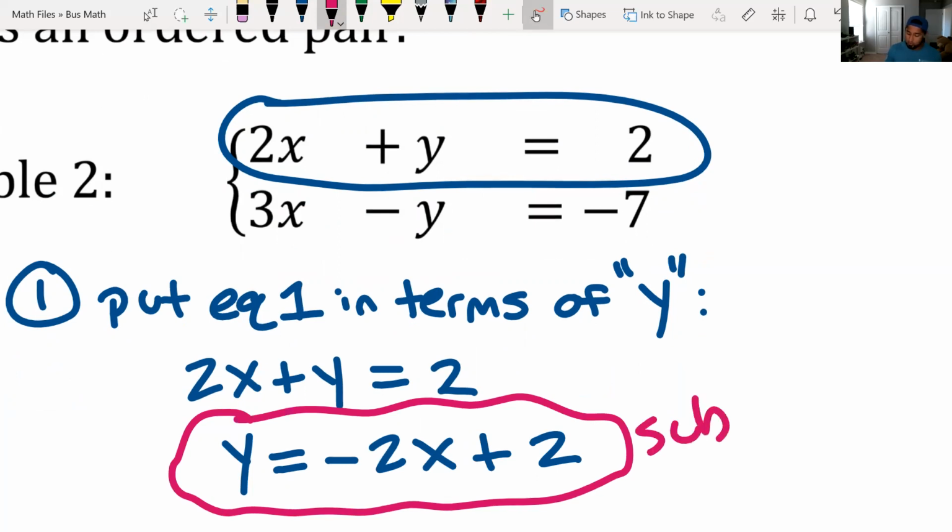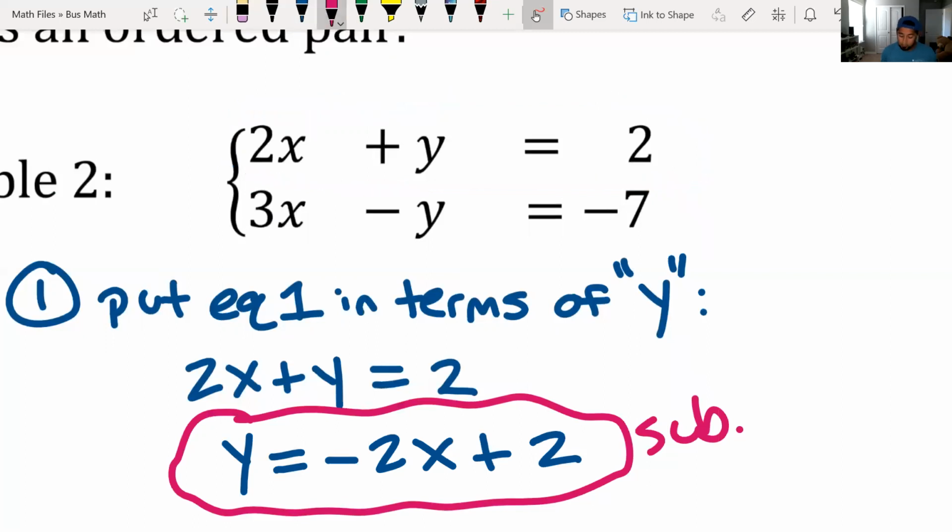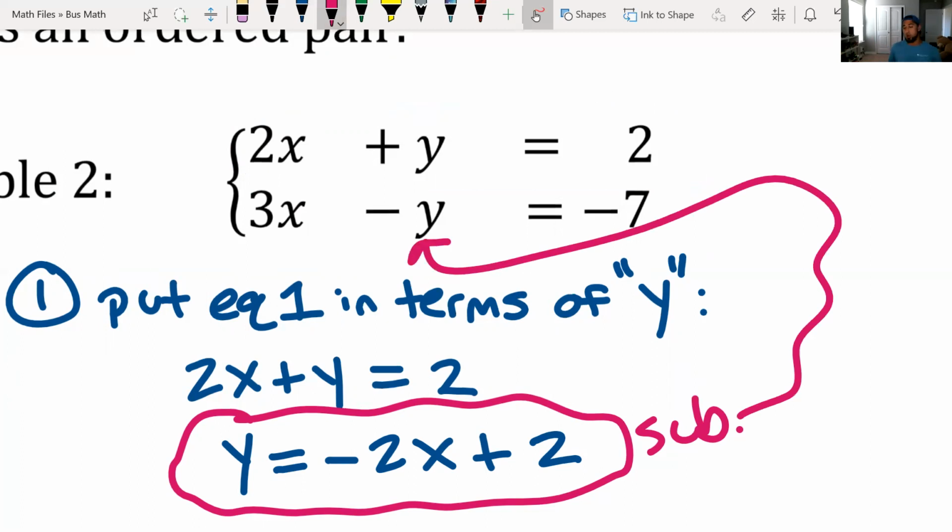We have a substitution. There you go, right? And now, since we rearranged equation 1, we now take it and plug it into equation 2 for what variable? Y, right? So we take this sub and we plug it in for this y. That's what we're going to do.